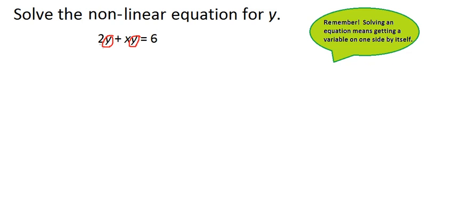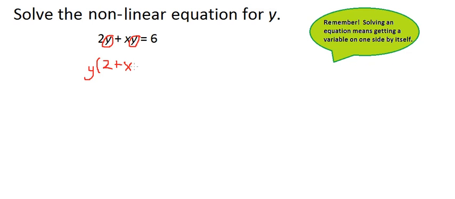So we take this y and put it outside of parentheses, and then instead of multiplying, we divide. 2y divided by y, the y's cancel and we get 2. xy divided by y, the y's cancel out and we just get x.